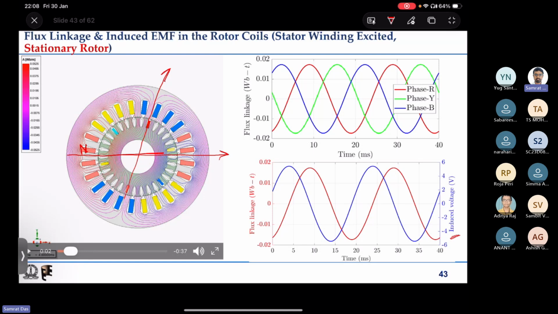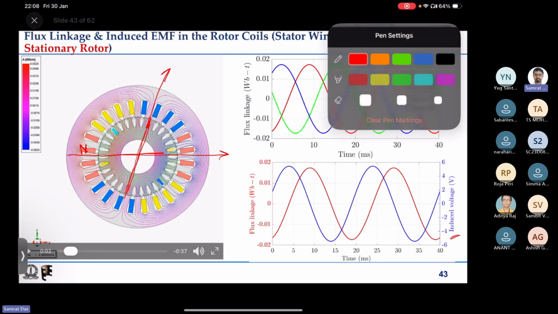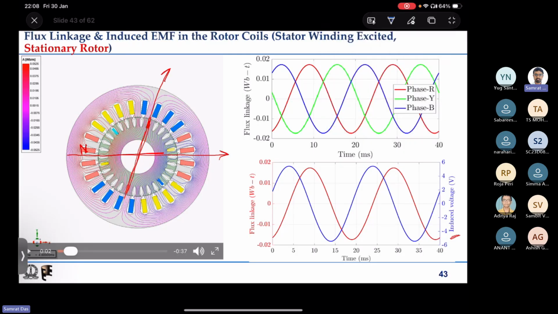So it cuts the R phase conductors directly, and you can see this is the surface of the R phase coil, half of the surface. So basically the R phase axis is somewhere here.